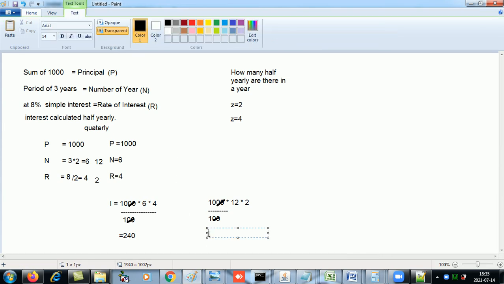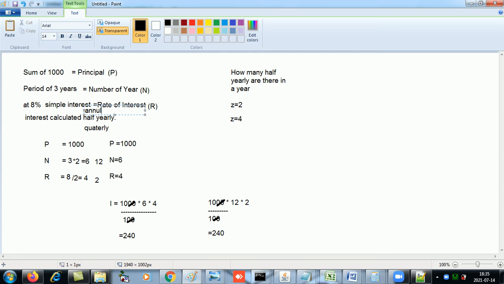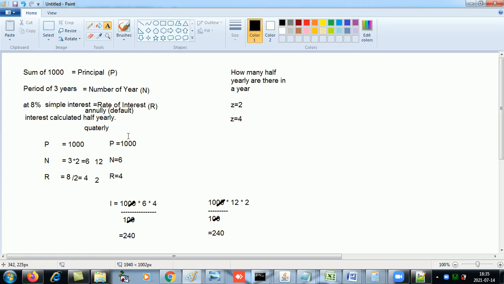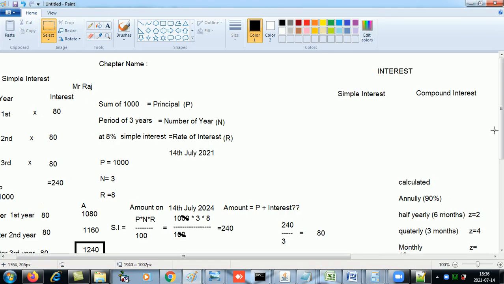Even if they give you how it is calculated, fine, and if they don't give anything, then you have to assume it is calculated annually. If nothing is specified, the default is calculated annually. If they give you something else, then you can calculate it like this. Understood? This is why I had discussed this logic of Z initially.